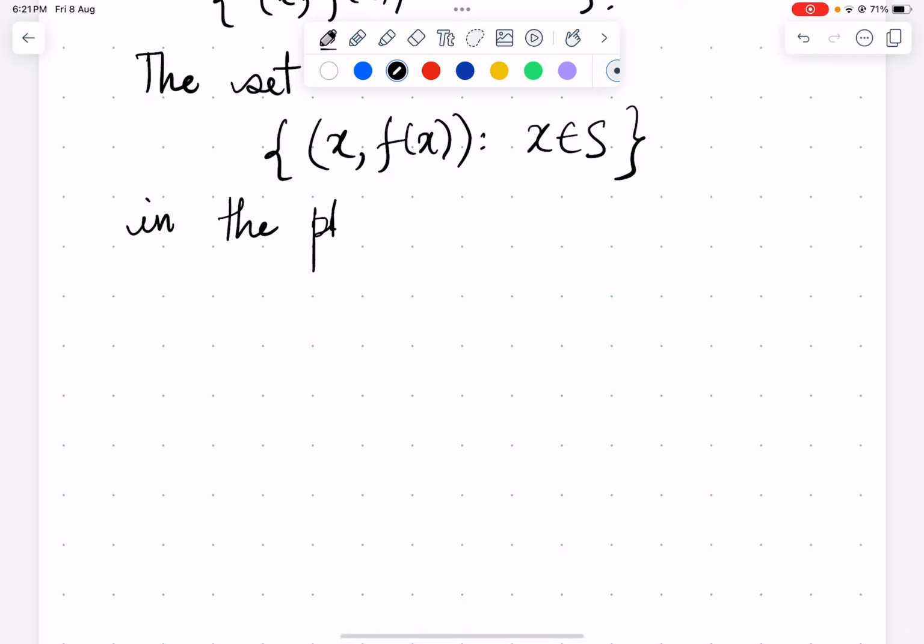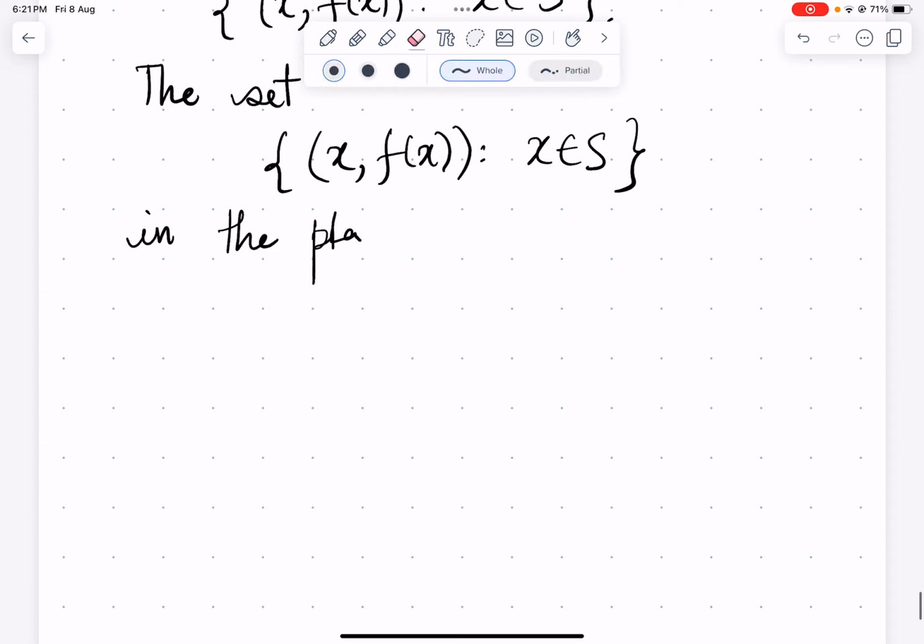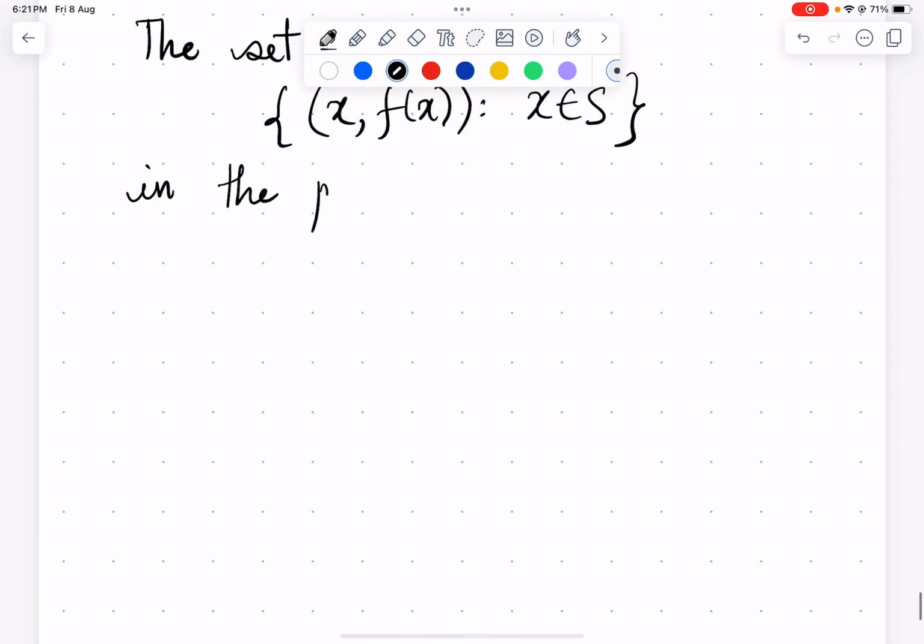So the set x comma f of x as x varies over S in the plane is called the graph of f.